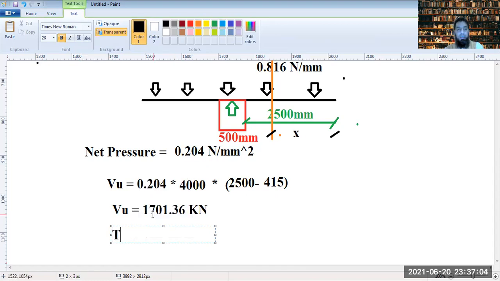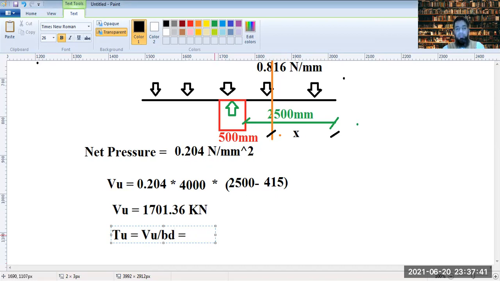This tau V would be equal to VU divided by B cross D. We already know the value of the depth of the section, and the value of B, we already also know.